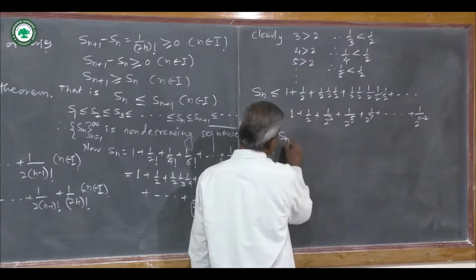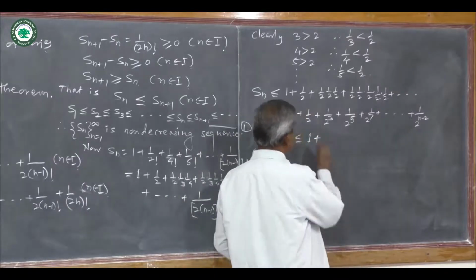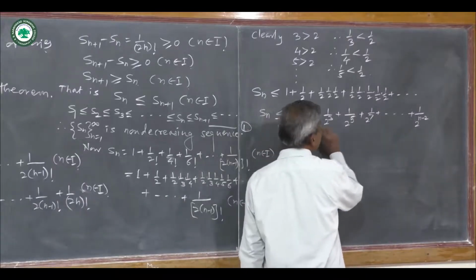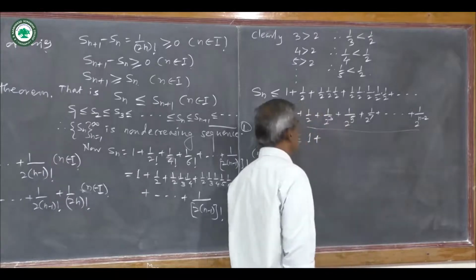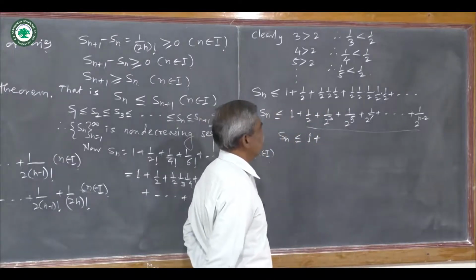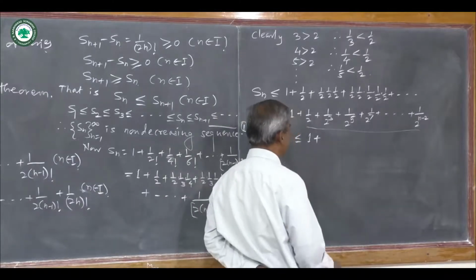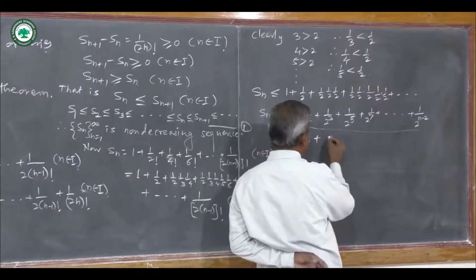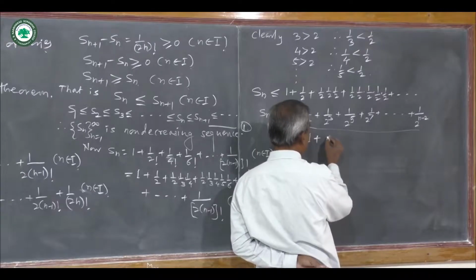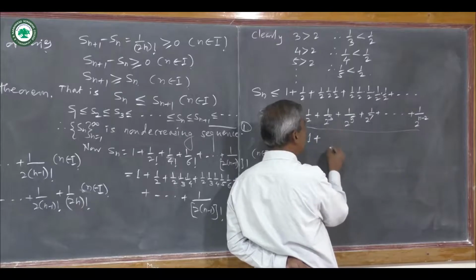Sn is less than or equal to 1 plus the addition of all these numbers: half plus 1 upon 2 raised to 3 plus 1 upon 2 raised to 5 plus 1 upon 2 raised to 7, and so on. The first term is 1 half, and the common ratio is 1 upon 4.